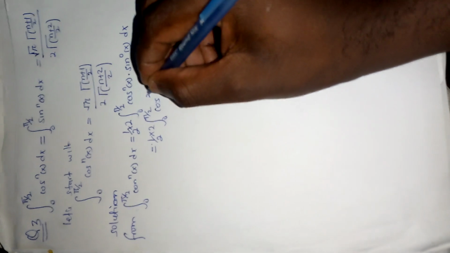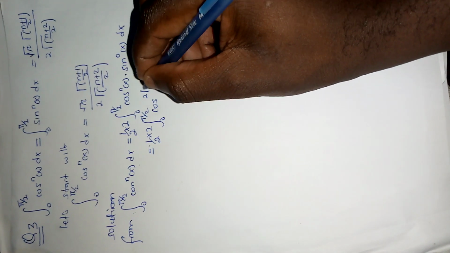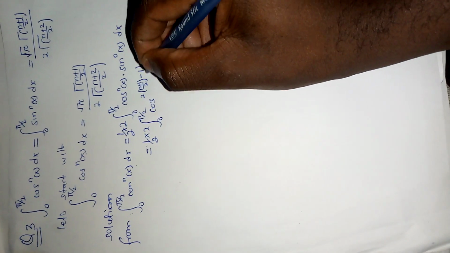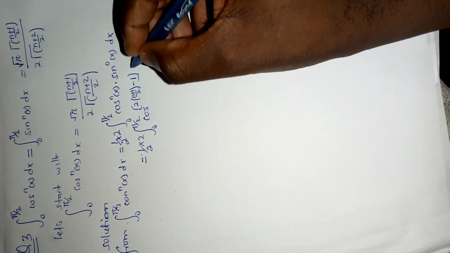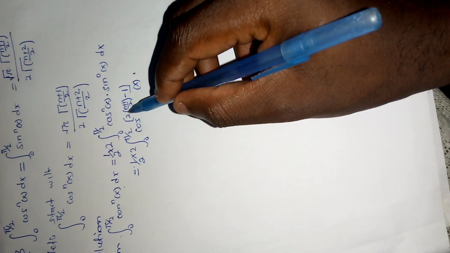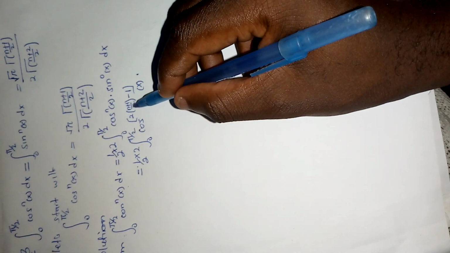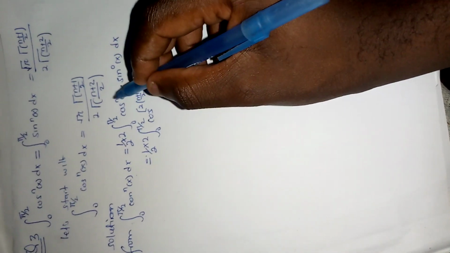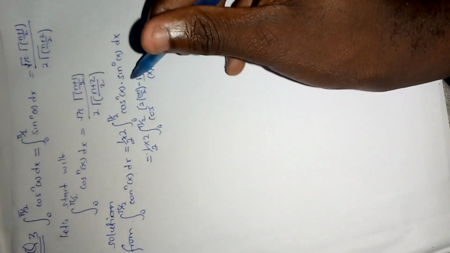Now if I say 2 into (n plus 1) over 2 minus 1, this 2 is going to divide by this. We remain with n plus 1. N plus 1 minus 1, we go back to n. So this power here is the same as that upper power.